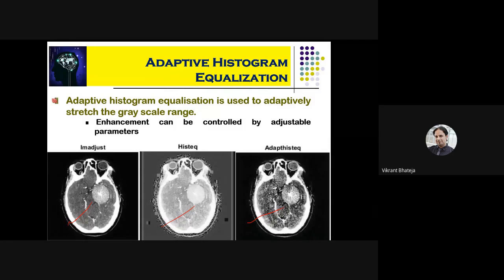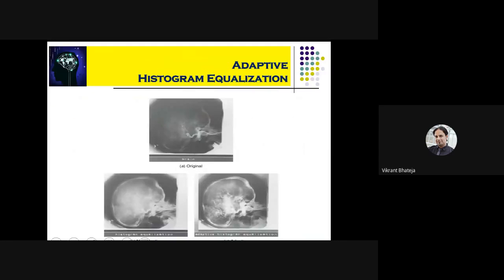So there is some aspect missing in adaptive histogram equalization when you apply it to medical images. Somehow it is not giving you desired results when applied to medical images, or say mammograms. This is another example for that.